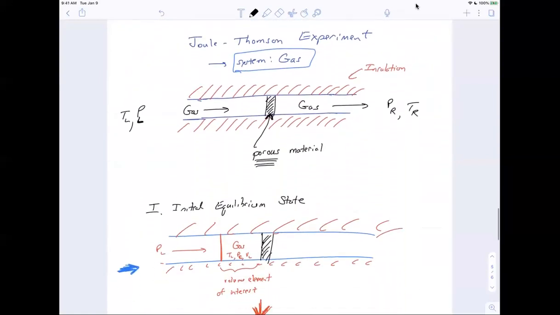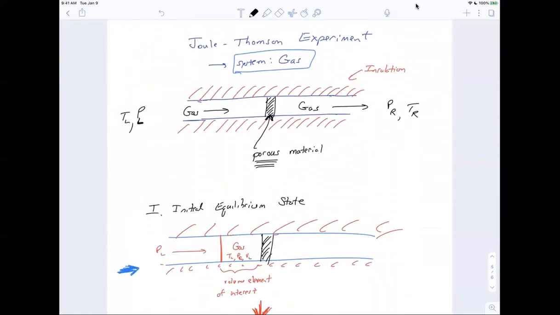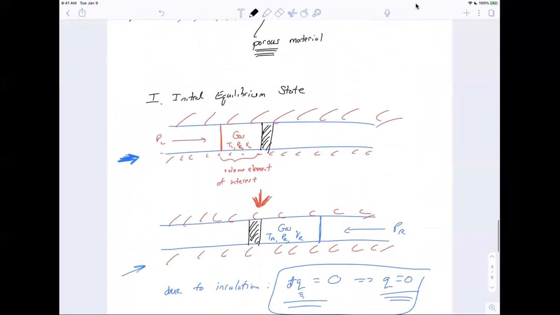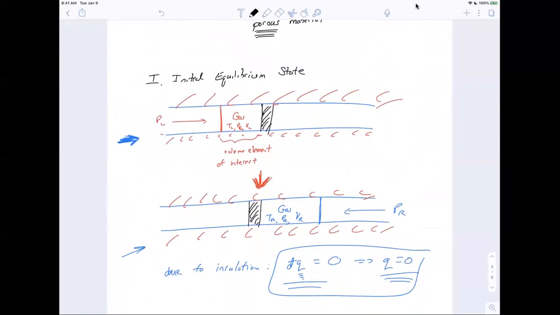Okay, so in the Joule-Thomson experiment, we have an initial state. We follow a volume of gas as it flows through a conduit, which is insulated. Initially, we have this volume, or this plug of gas, that we're interested in on the left side, and it has T left, P left, and a volume initially on the left side. And this P left is a constant.